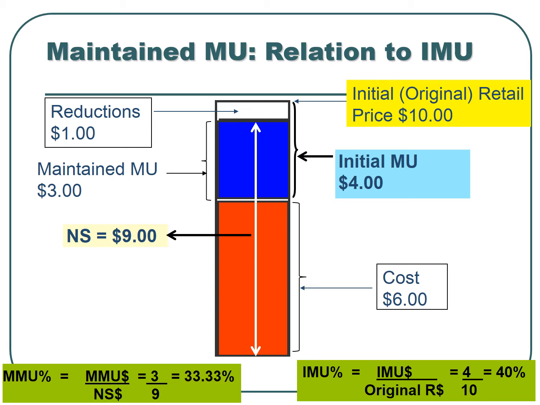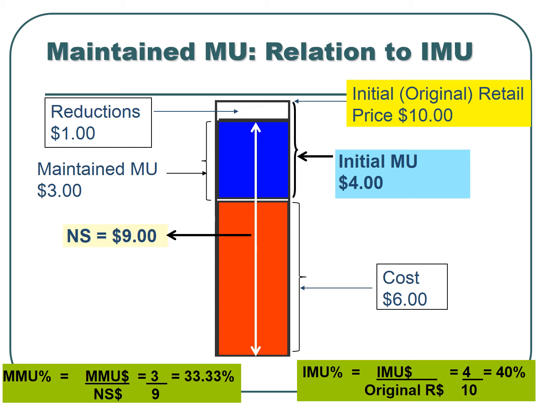Another thing is, if you just look at the initial markup dollar and maintained markup dollar, initial markup dollar was $4 and maintained markup is $3. The difference between these two markup dollars was derived from the reductions. So again, we can think about another formula: initial markup dollar equals maintained markup dollar plus reductions, or maintained markup dollar equals initial markup dollar minus reductions.